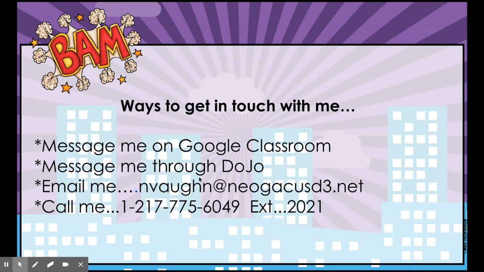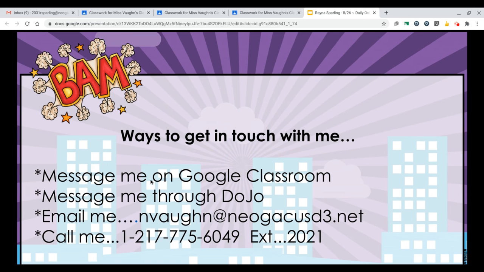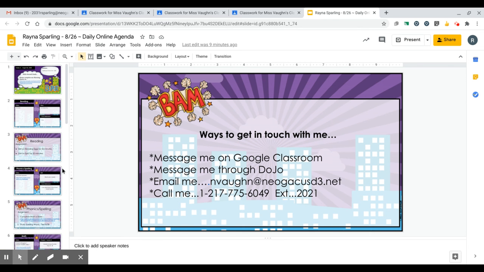Every year they bring out more and more. And then my email address, my phone number for the school, and then my extension is 2021. So if you need to get in touch with me for any reason, here's all the different ways that you can do that. So I'm going to go ahead and hit escape and X back out of that.